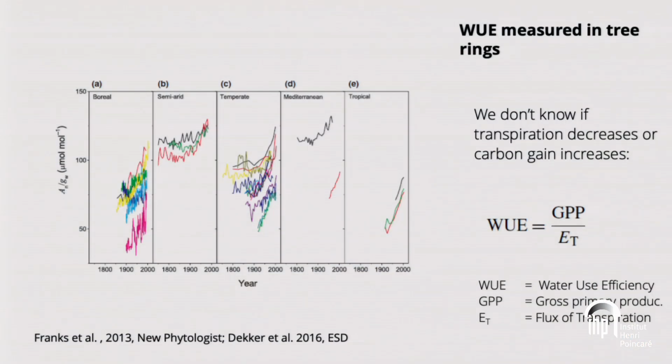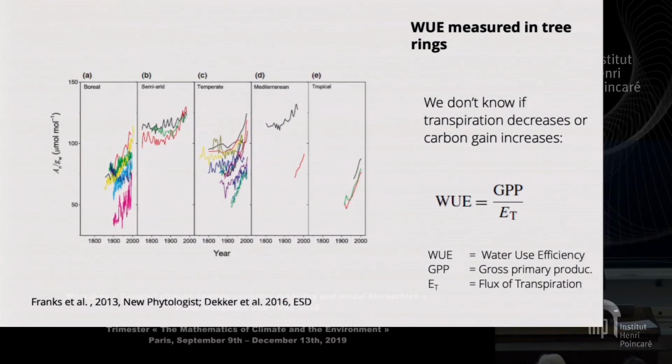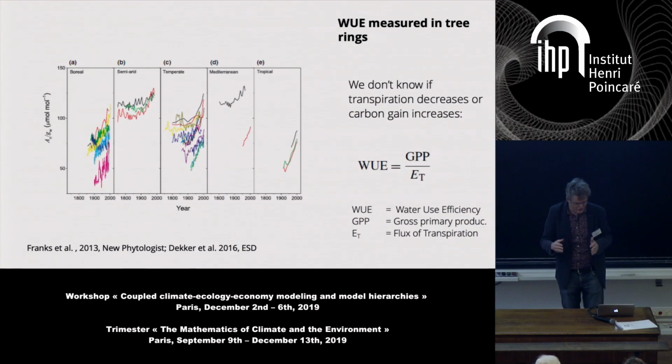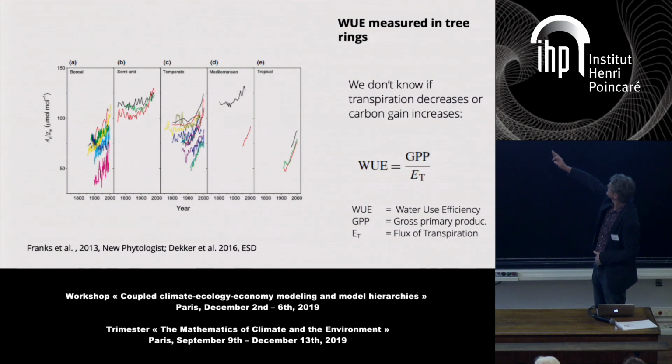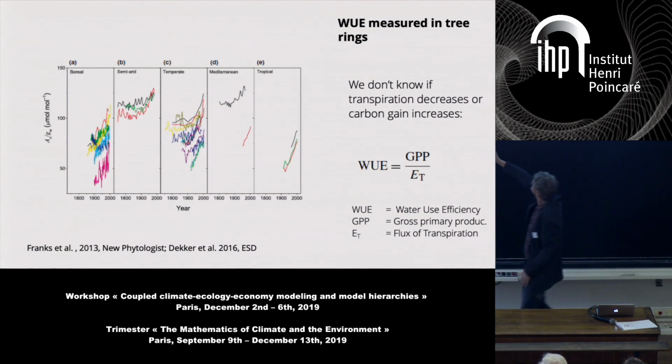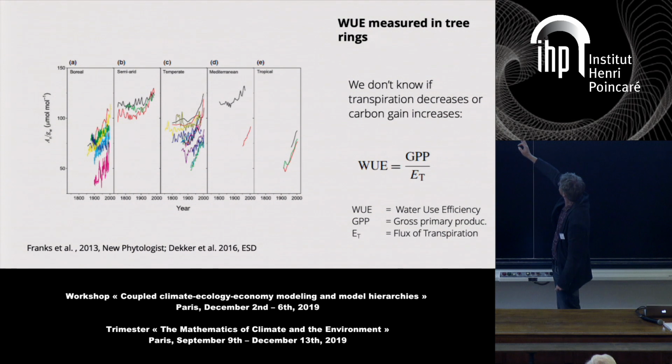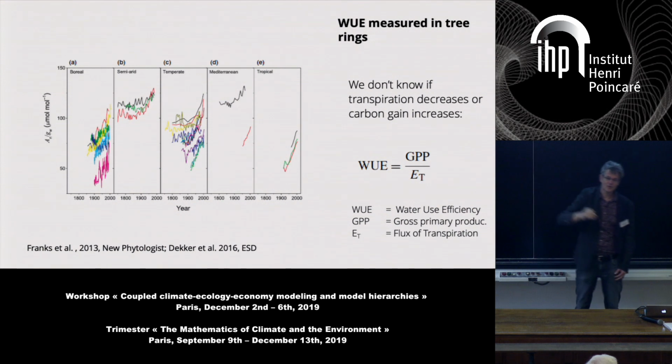And if we look at tree ring data, from Frank et al., these are long-term data of tree ring estimates. From tree rings you can estimate the water use efficiency, which is your carbon gain divided by your water loss. And what we do see is that in all these areas, in the semi-arid one it's a little bit low, but in the temperate and the tropical ones, etc., we see an increase in water use efficiency.